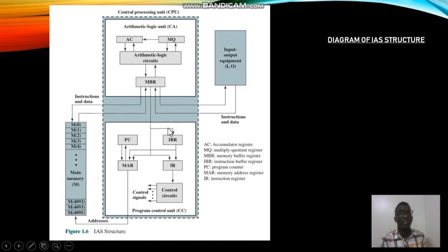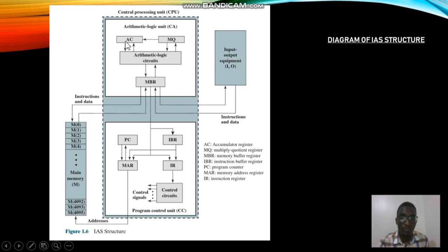Then the other half of the CPU was the program control unit. In the program control unit, we had the program counter, the instruction buffer register, the memory address register, and the instruction register together with the control circuits.